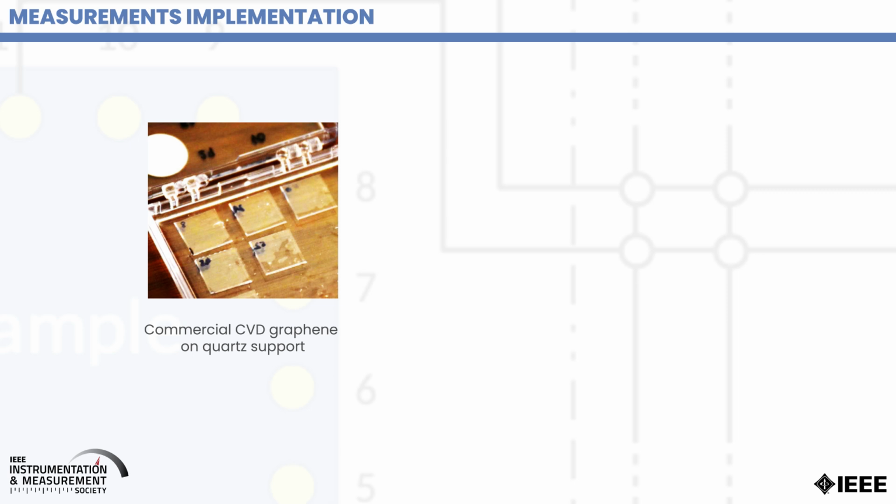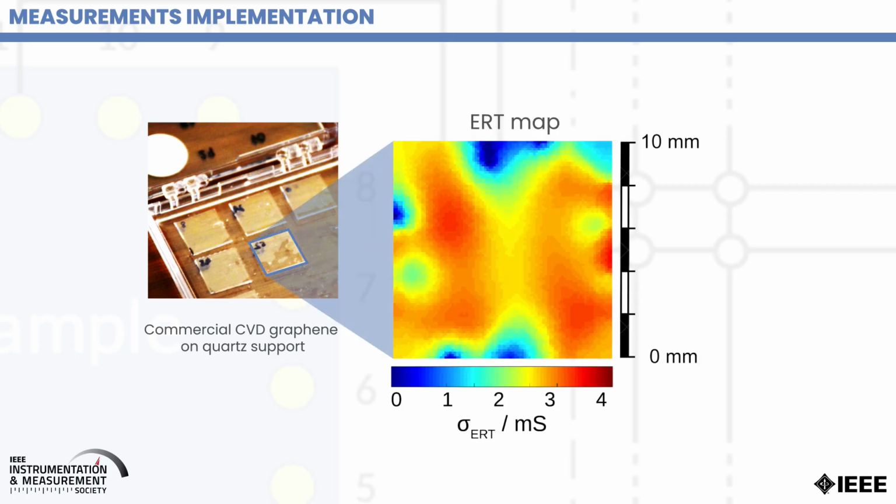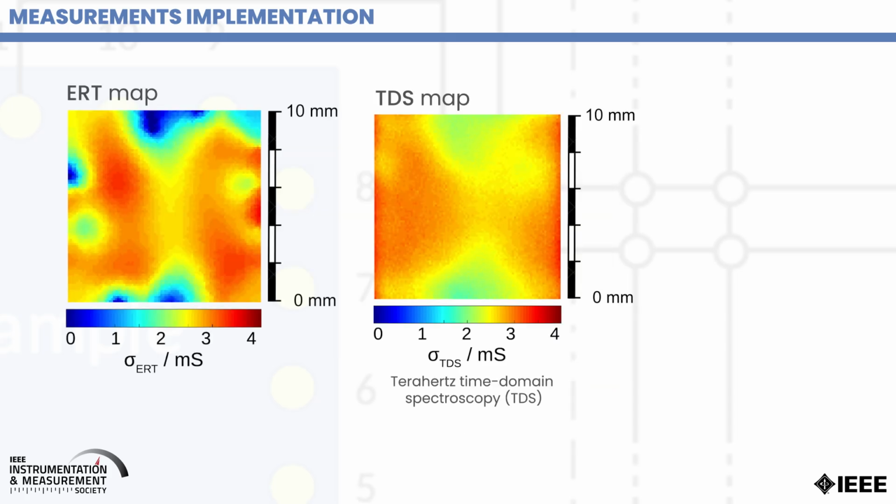Instead, electrical resistance tomography, just by performing these boundary measurements without touching the interior of the sample, which is a monolayer structure, so very fragile, can get insight of the conductivity distribution of the sample. You can see a map obtained with ERT, with electrical resistance tomography, and by comparison, we used a completely different technique, which also has already been subject of standardization, so it's a more established method in this sense.